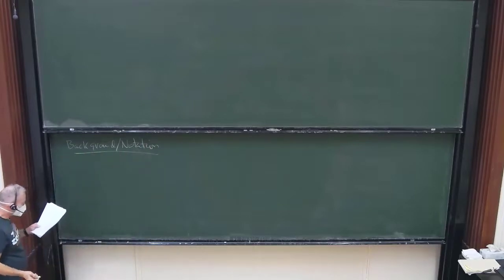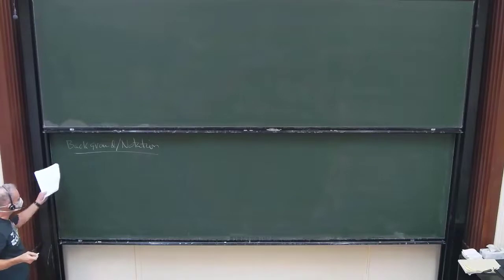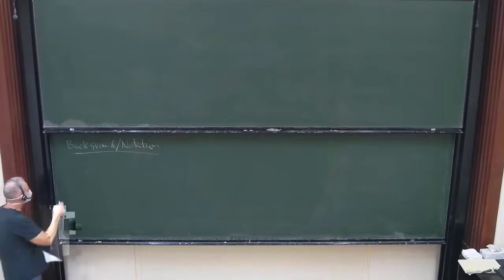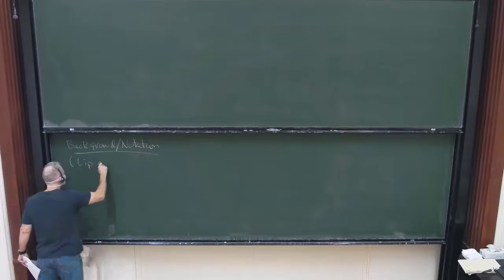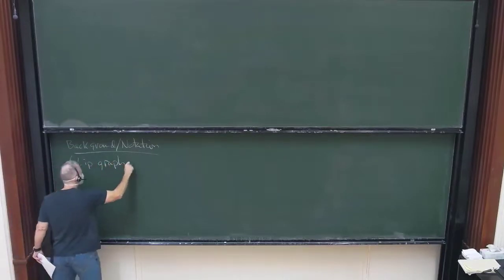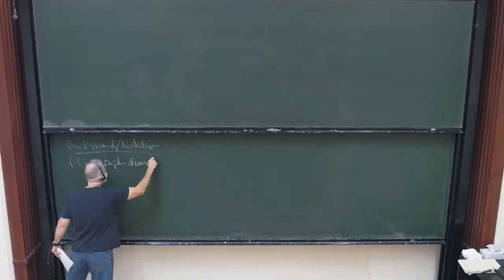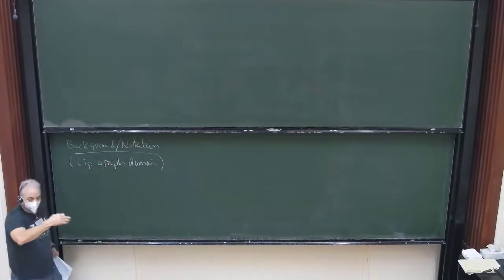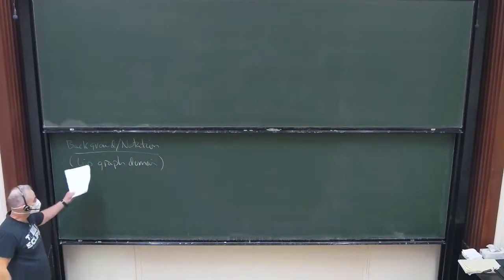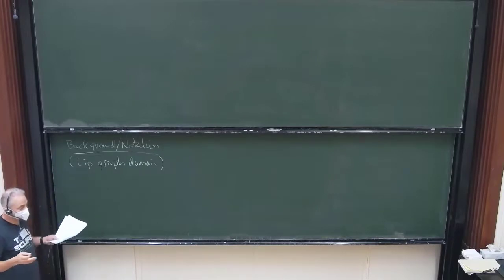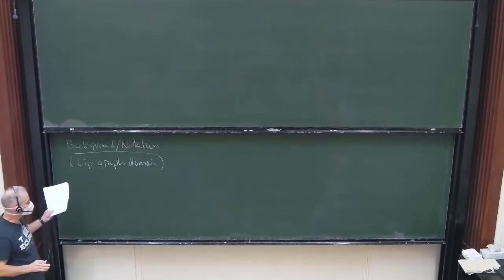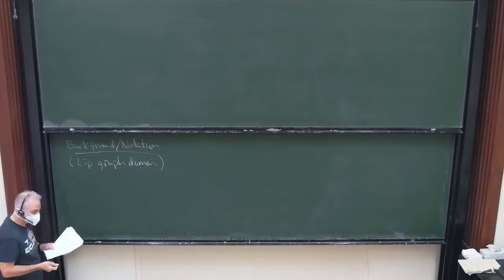The things I'm going to mention here, I'll do in the context of a lip graph domain, as we discussed earlier. This is the region above a parabolic Lipschitz function. Much of what I'm writing here holds in more generality, for example, in parabolic NTA domains, if you're familiar with those. But for our purposes, the way I stated it will be good enough.